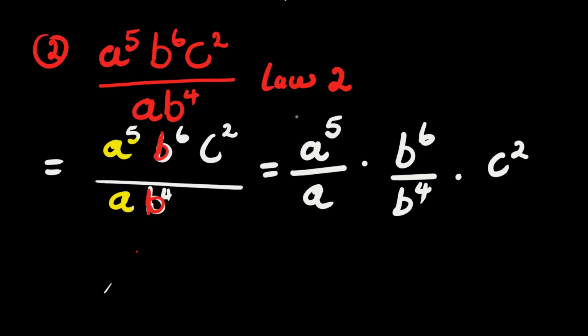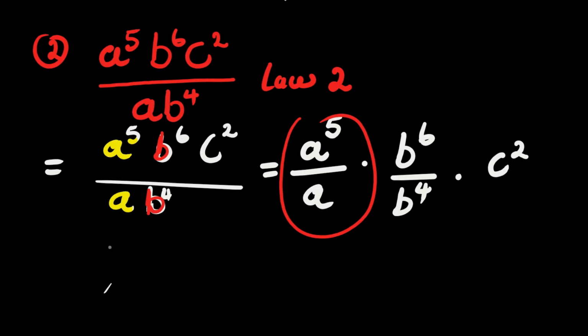And this way, law number 2 will be easily applicable. So we know that this is the same thing as saying a to the power 5 divided by a. We know that when we divide the same bases, we subtract the exponents.